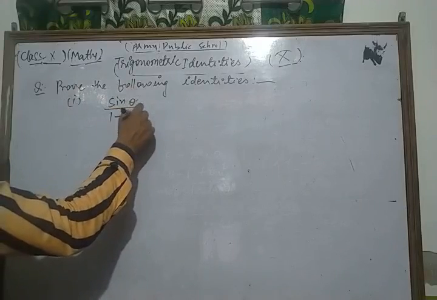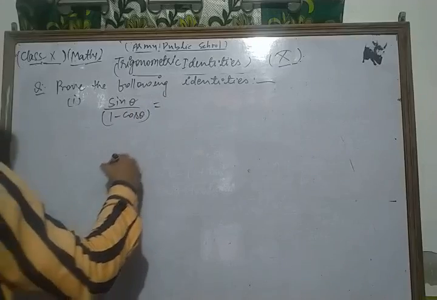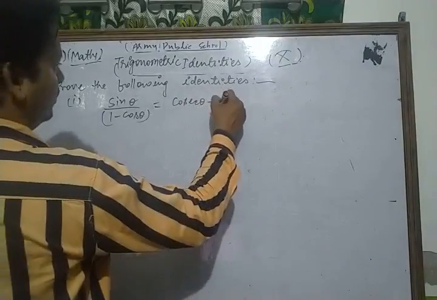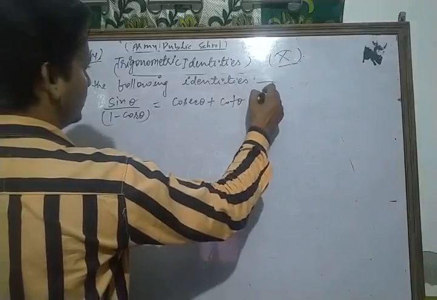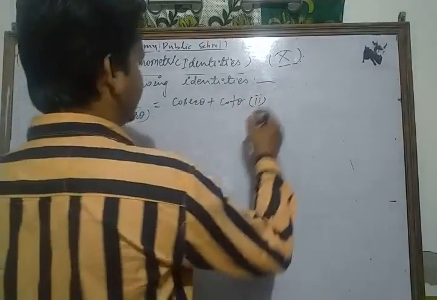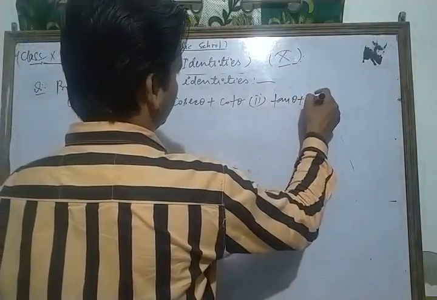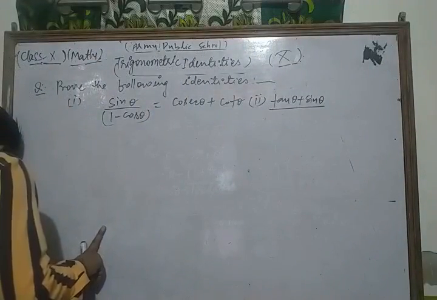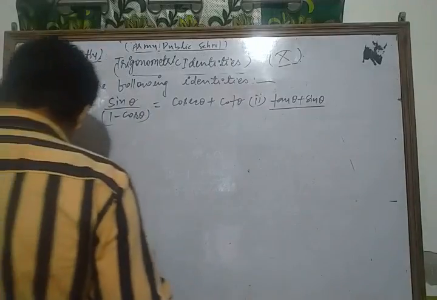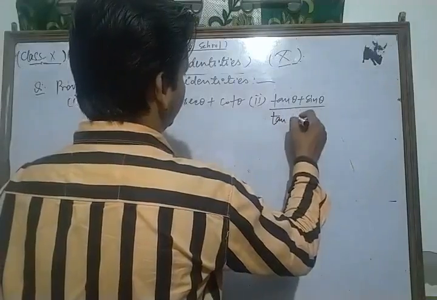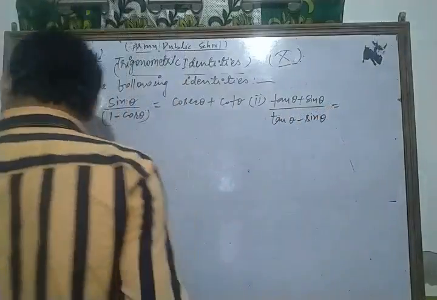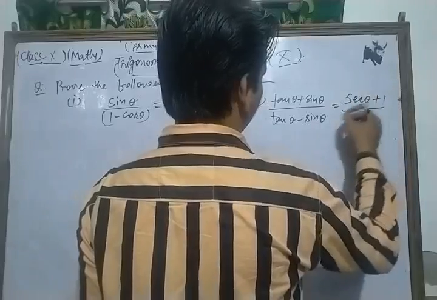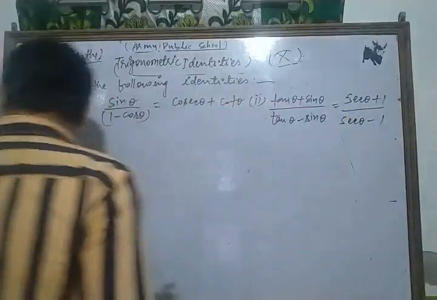Sin theta upon 1 minus cos theta is equal to cosec theta plus cot theta, and second one tan theta plus sin theta upon tan theta minus sin theta is equal to sec theta plus 1 upon sec theta minus 1.